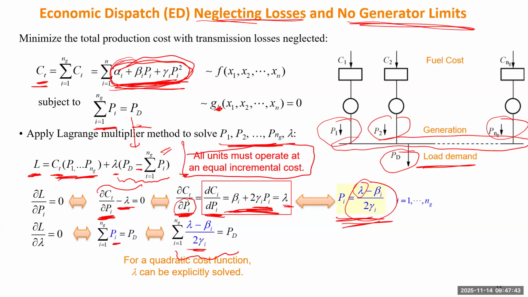But for this case, we can go ahead and give a solution. It looks a little bit complex, but you can easily prove it. For example, you can easily prove it for the case of 2 generators, right? You only have just P1, P2. Then you can extend the solution to more generators.